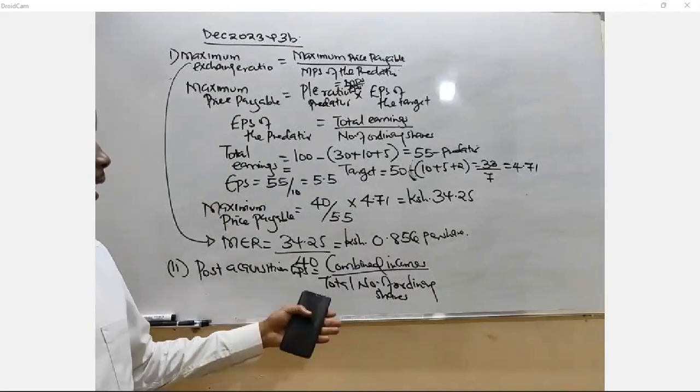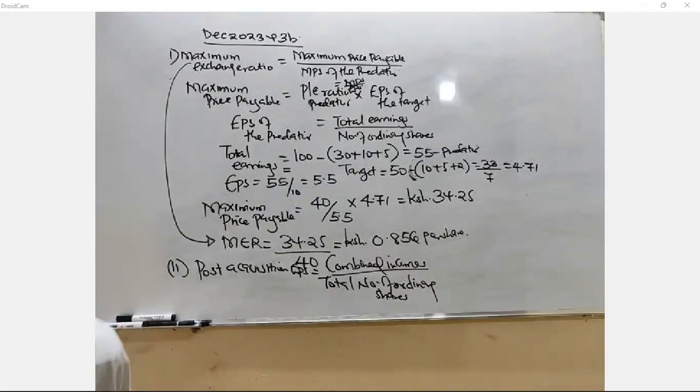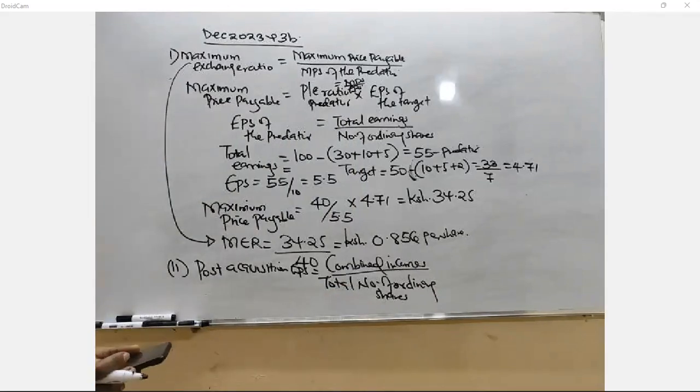That is how you normally get the post-acquisition earning per share. So how much is the number of ordinary shares?